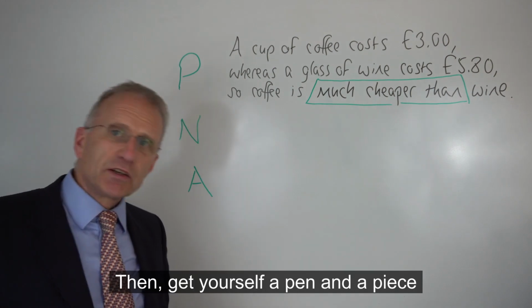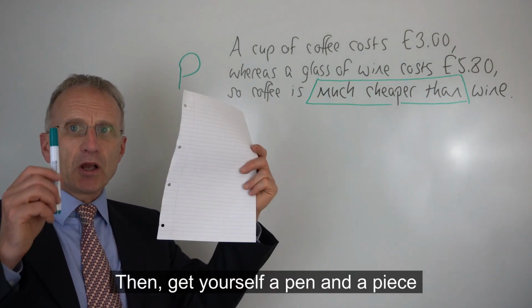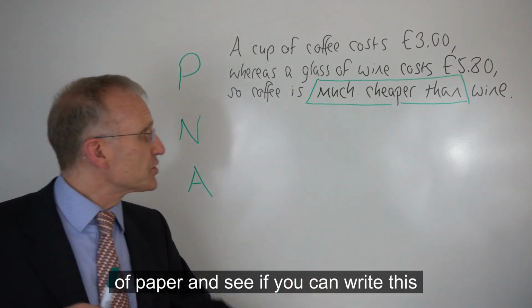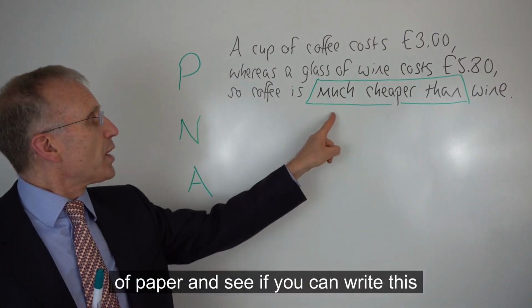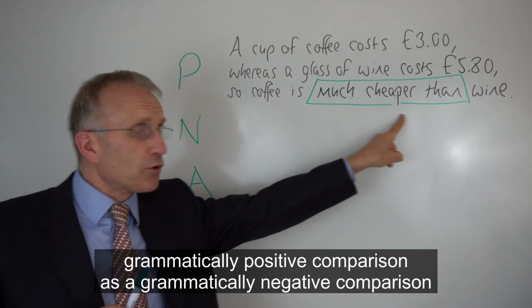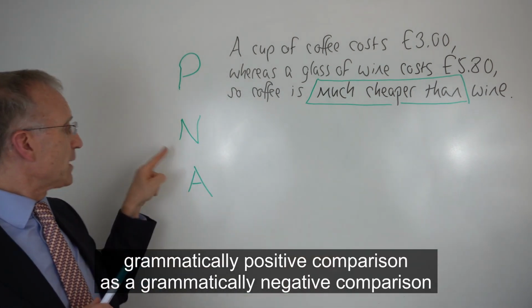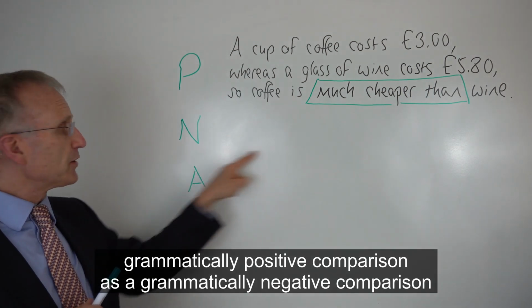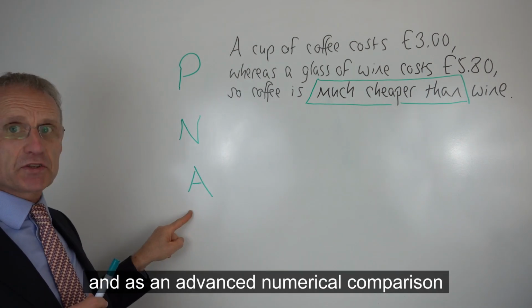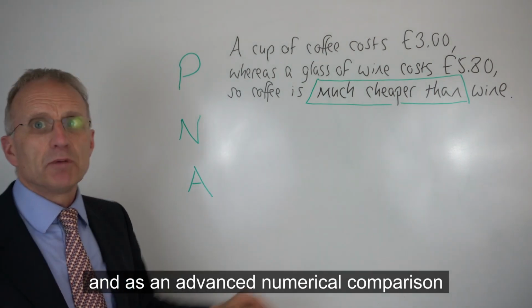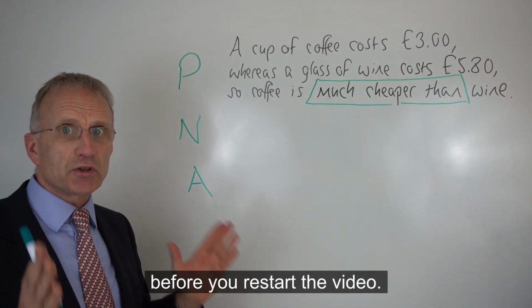Then get yourself a pen and a piece of paper and see if you can write this grammatically positive comparison as a grammatically negative comparison and as an advanced numerical comparison before you restart the video.